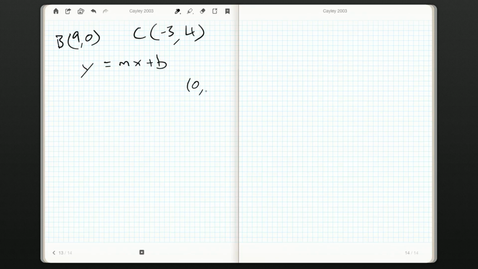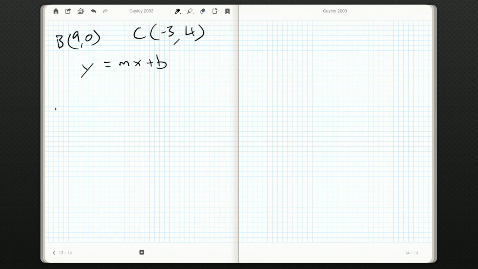If you want to, you are given the x-intercept, so you could have used the equation y equals m(x minus a). Don't get confused, this a is not the same a as the one in the question. It would just be 9. Because there are different forms of the line. So we'll need to figure out the y-intercept, but more importantly, we also need to work out m, the slope.